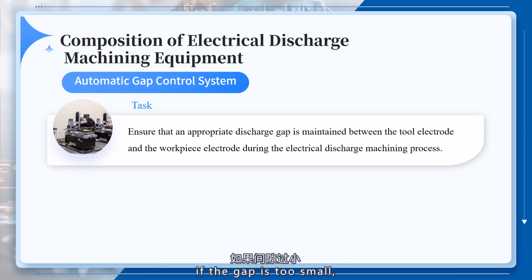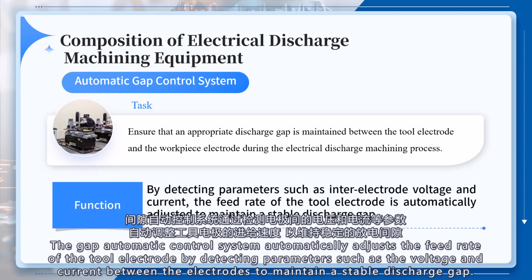If the gap is too small, it can easily cause a short circuit, affecting normal processing. The gap automatic control system automatically adjusts the feed rate of the tool electrode by detecting parameters such as the voltage and current between the electrodes to maintain a stable discharge gap.